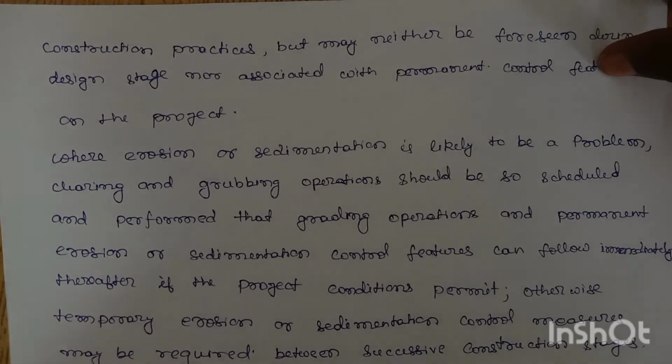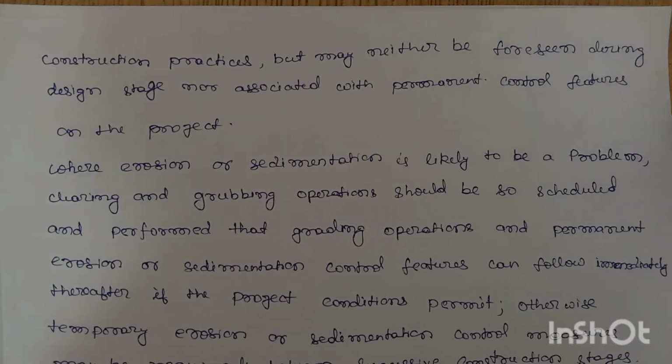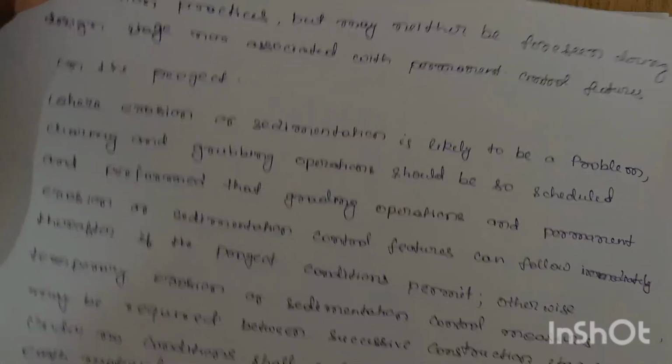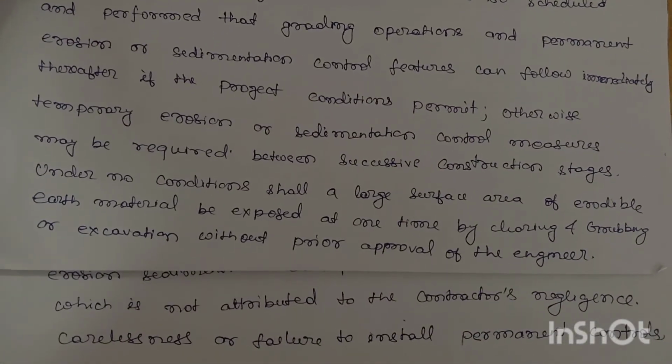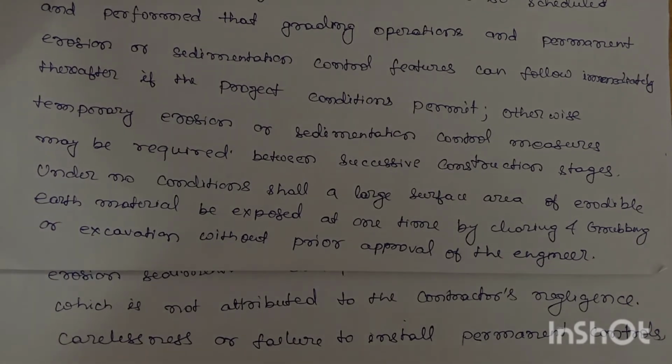Otherwise, temporary erosion or sedimentation control measures may be required between successive construction stages. Under no condition shall a large surface area of erodible earth material be exposed at one time by clearing and grubbing or excavation without prior approval of the Engineer.